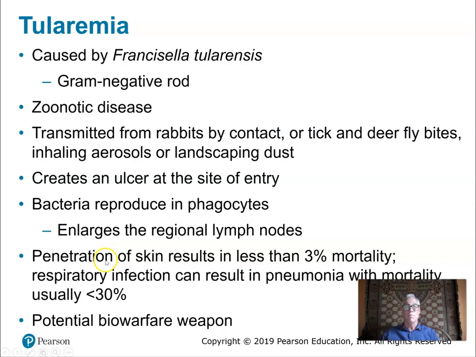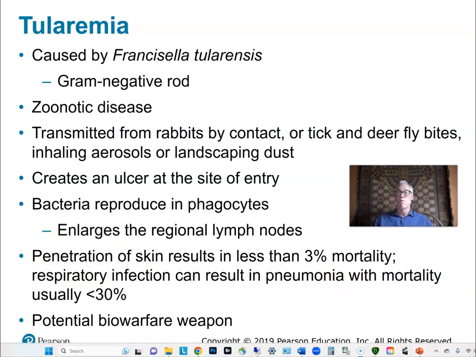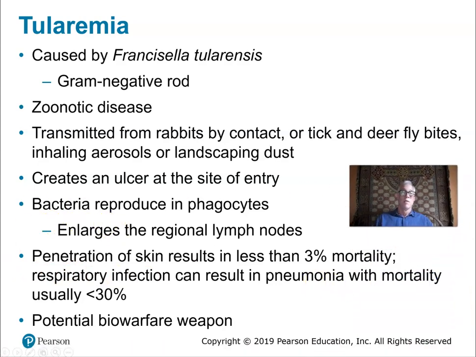If it gets into the skin, less than 3% mortality rate. Inhalation of the bacteria into the lungs, about a 30% mortality rate. So pretty terrible. I don't know if I'll remember to mention it in each case, but there are a number of agents that have been identified by Homeland Security as potential biowarfare weapons.